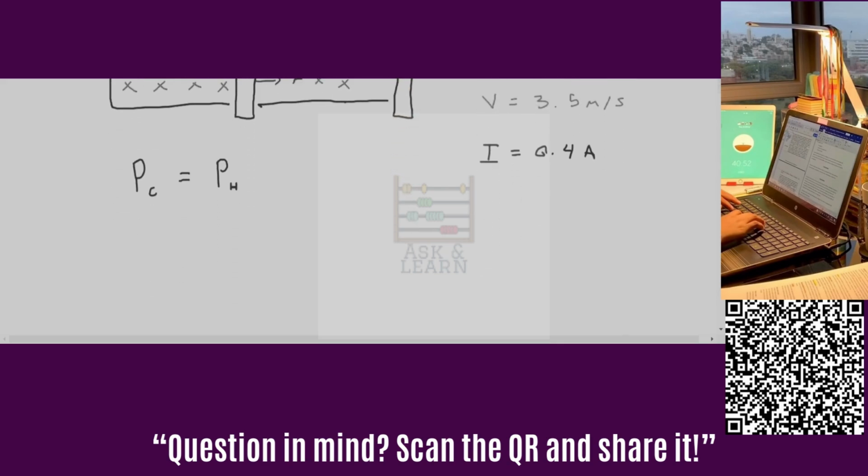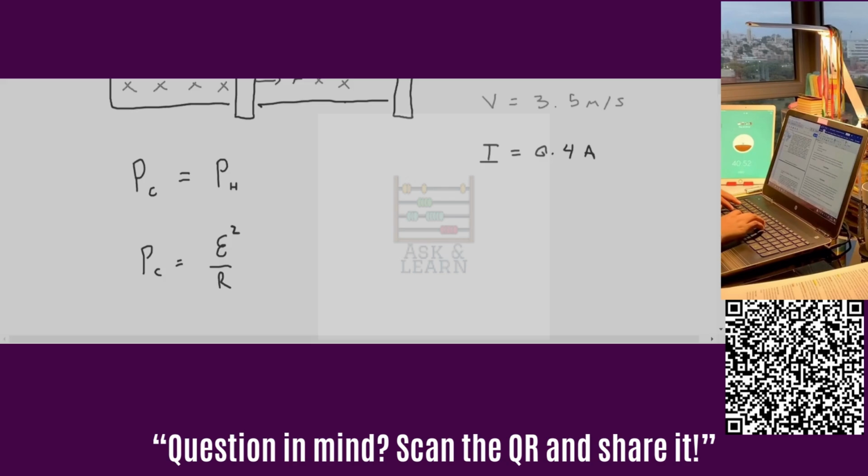We should recall that the power dissipation in our resistor is going to be equal to V squared over the resistance of that resistor, or in this case, our voltage is just going to be our induced EMF.